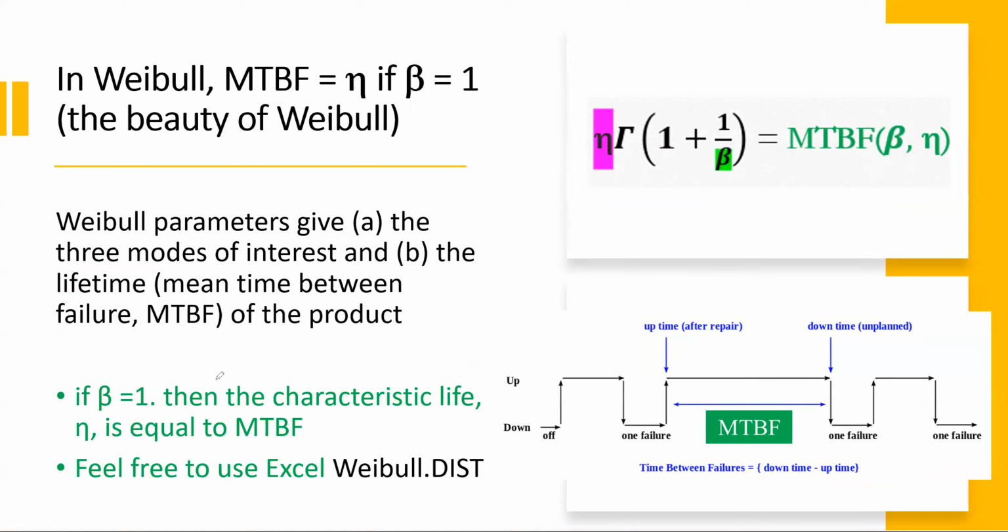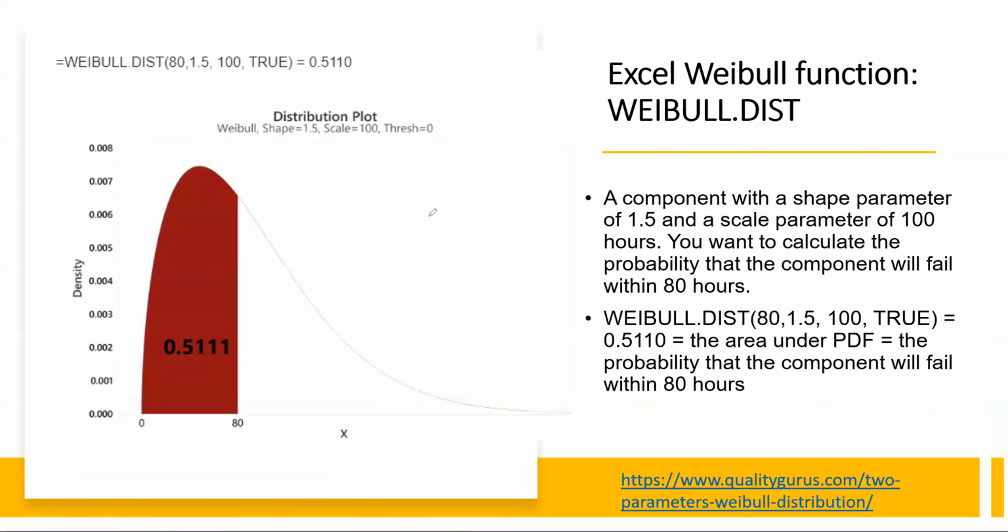And now what tool can you use to calculate? Well, you can use the Excel Weibull distribution to get whatever value you want. Let's do an example with the Excel Weibull function. For example, here, a component with a shape parameter of 1.5 and a scale parameter of 100, all right?